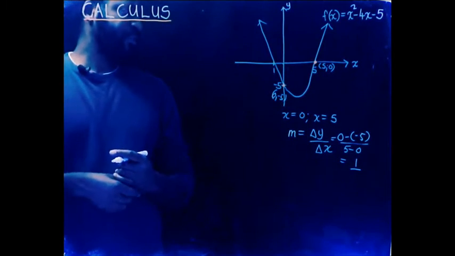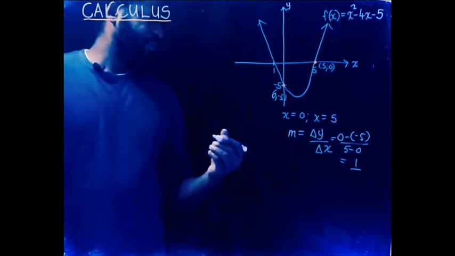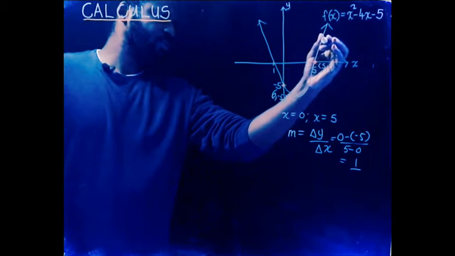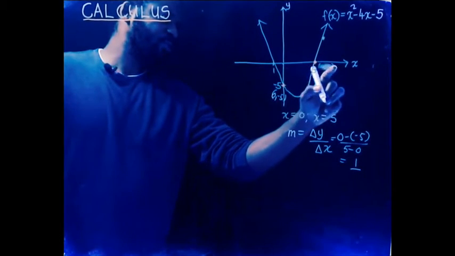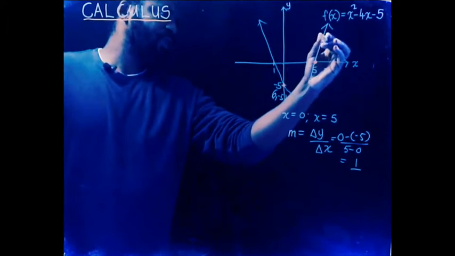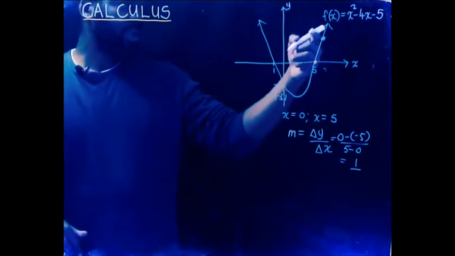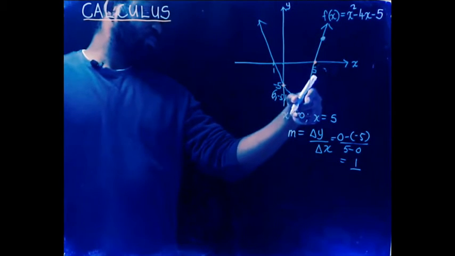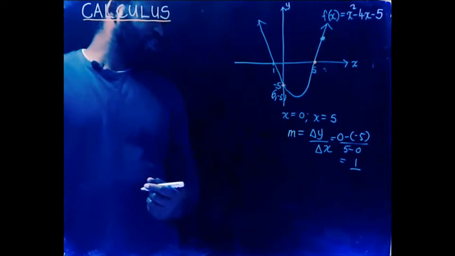Okay, makes sense. What if I wanted the gradient at a point? Let's say there's a point here. What if I wanted to measure the slope there? I can't see any change in y or x. So would I say the gradient is 0 at that point?